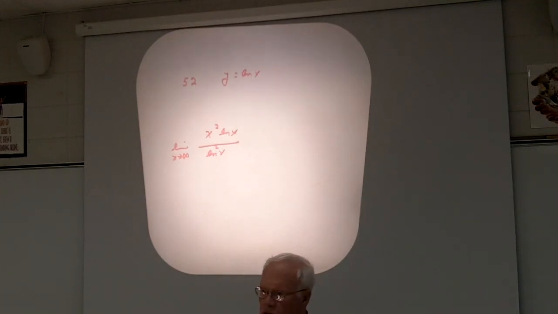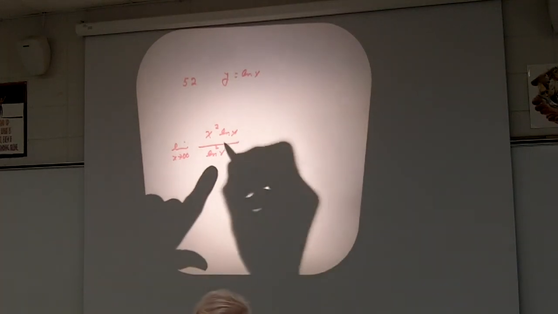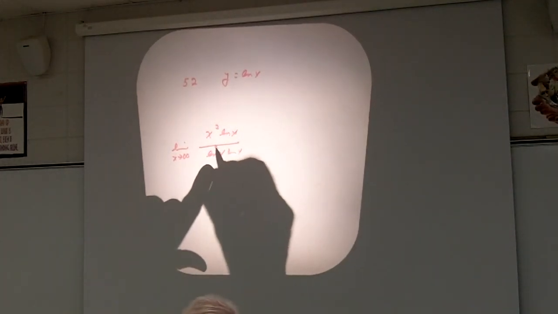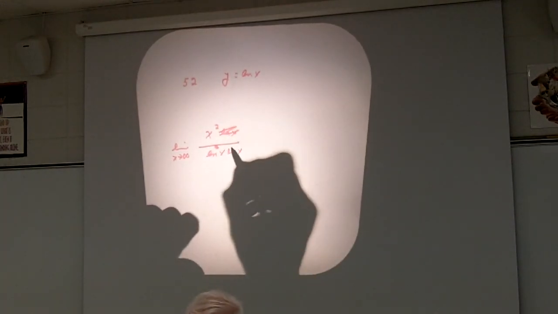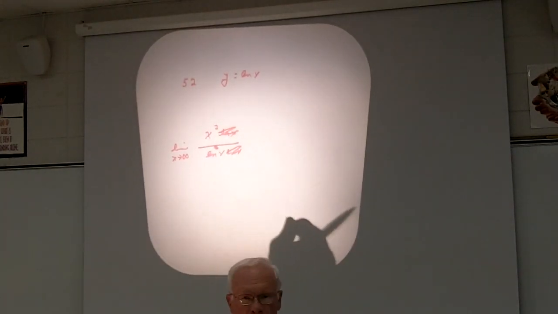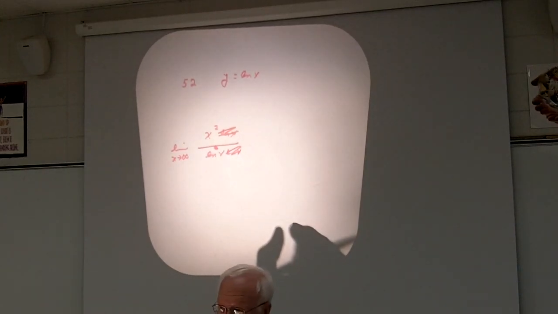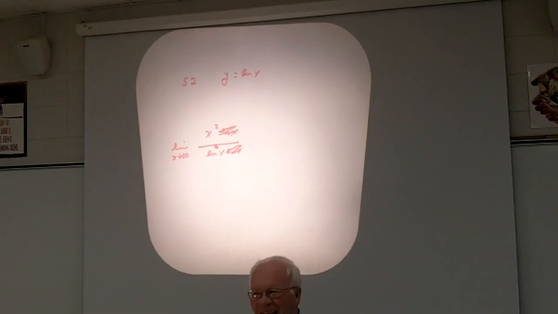We have a cancellation right off the top. Cancel the ln. But there are two of them here, so I'm just going to break it up like this. Can we cancel? It's the same number. Then the power is with the top.